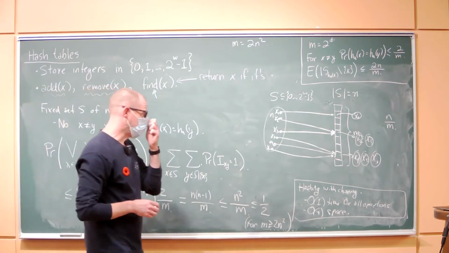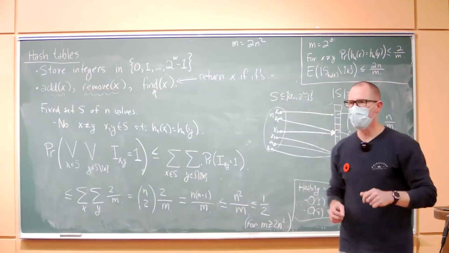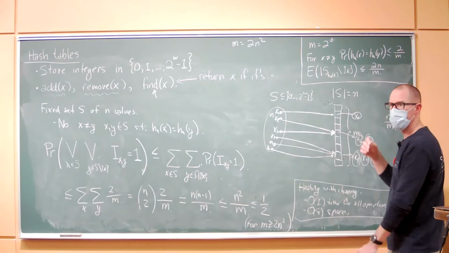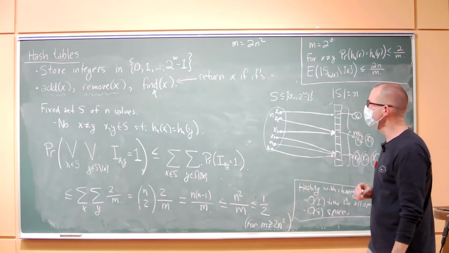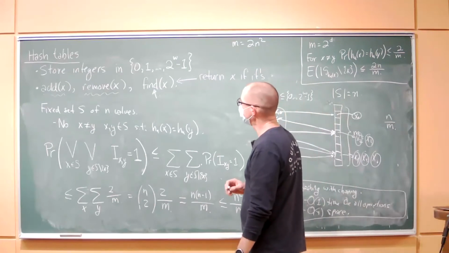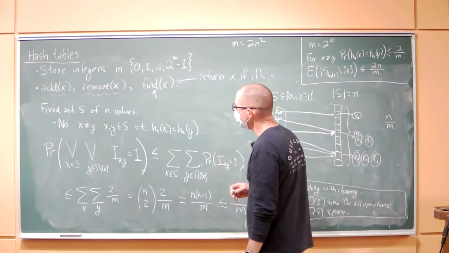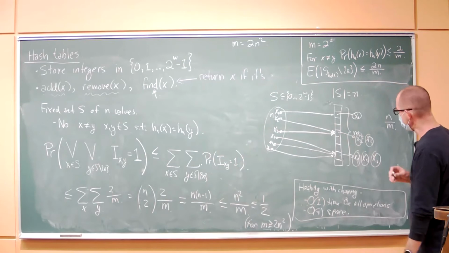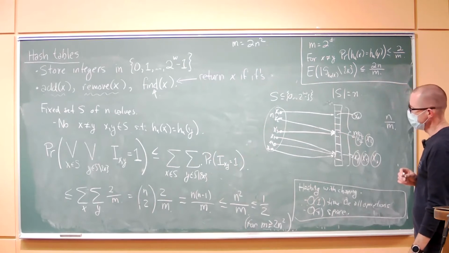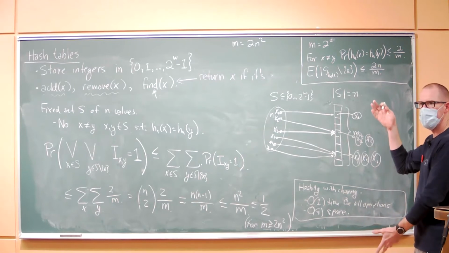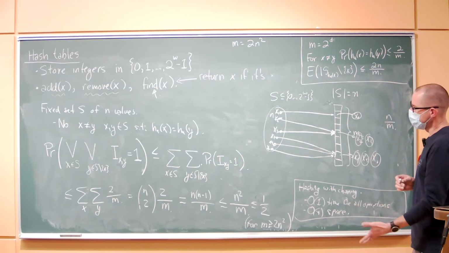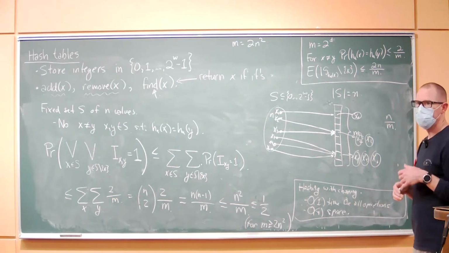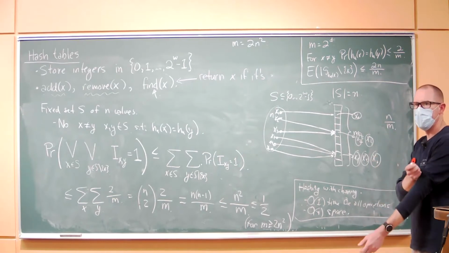So this hash function can be collision-free if I'm willing to use a huge table. If all I care about is that these find operations run fast, and I'm willing to use a table of size n squared, then there's a good chance that I pick my hash function and everybody gets their own table slot. And if that doesn't happen, I can just pick another hash function and try again.